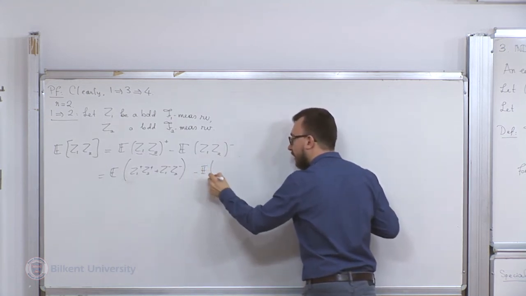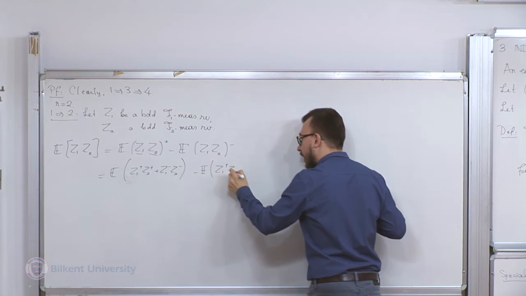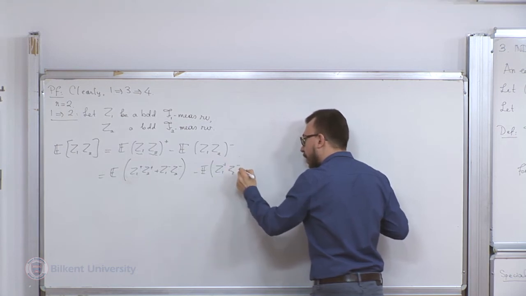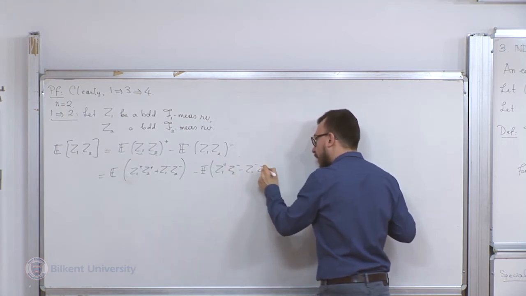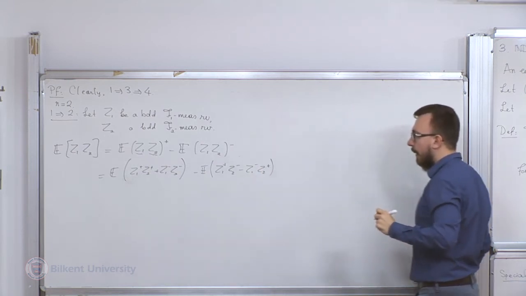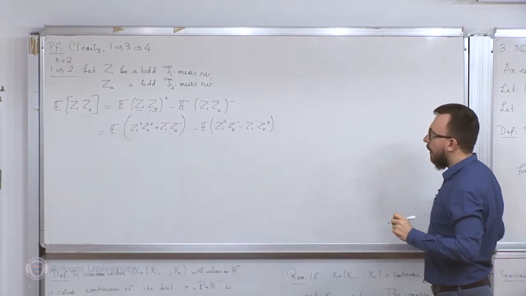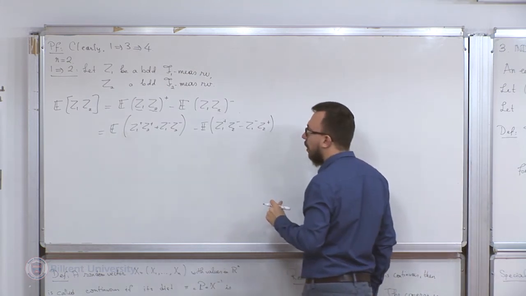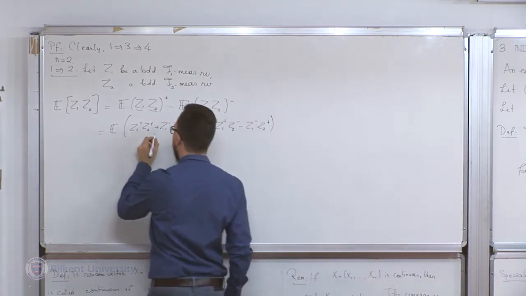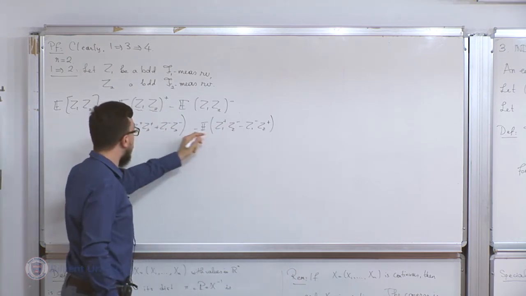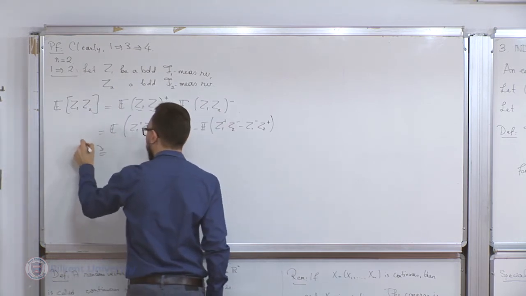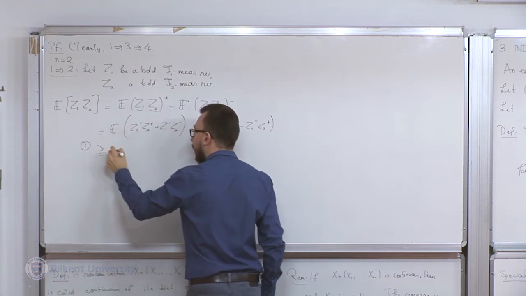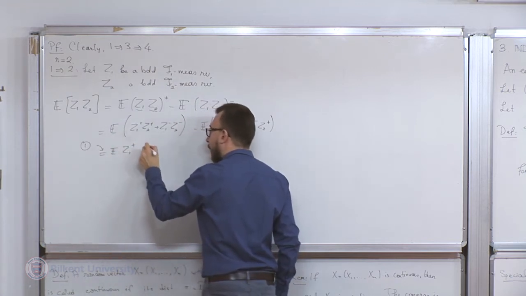And similarly, this is the opposite, so they have opposite signs. And now we have positive things, right? These are all positive random variables. So by 1, we can separate everything.